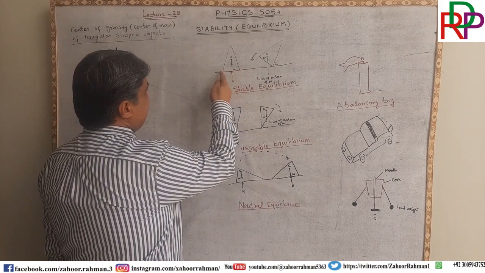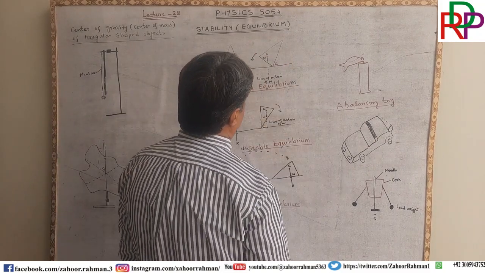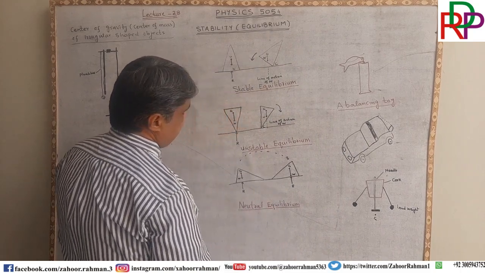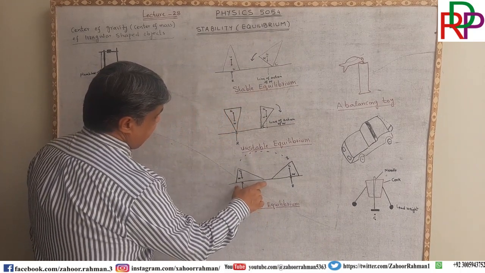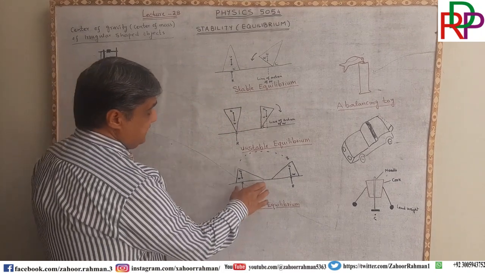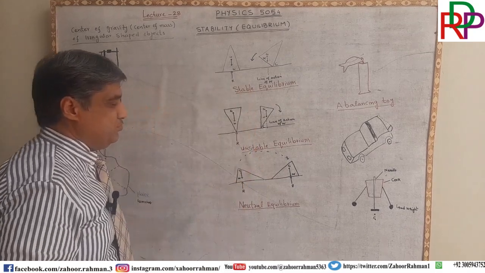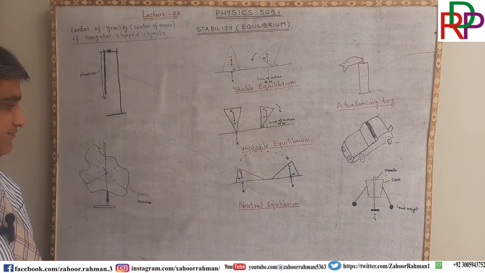Here the base area is more, so it is coming back to its equilibrium position. And in the third case, the base area is much larger as compared to these two cases.